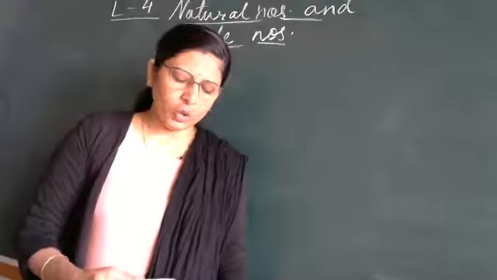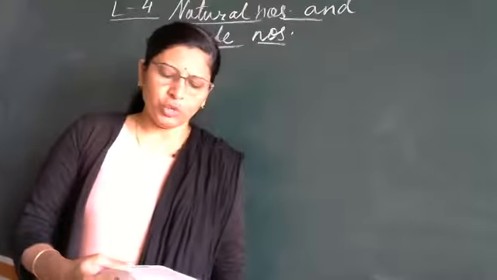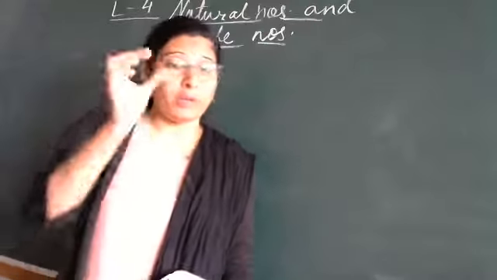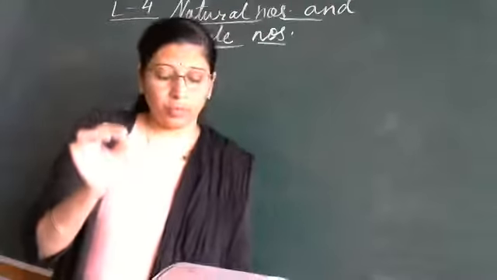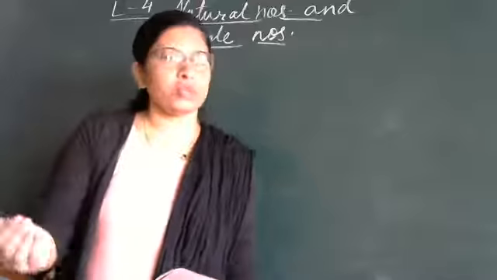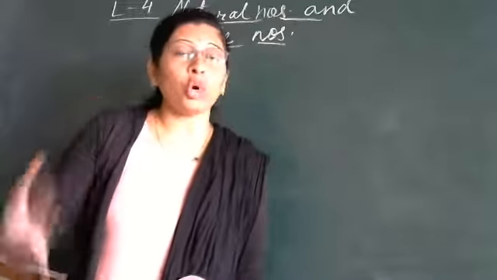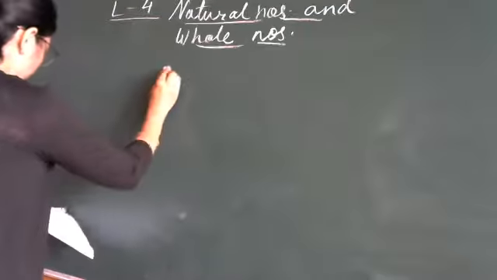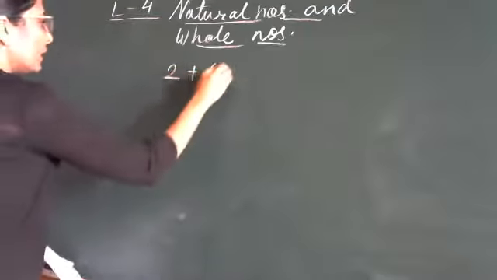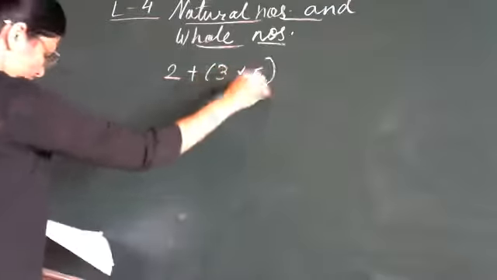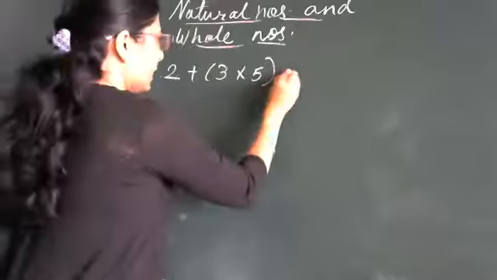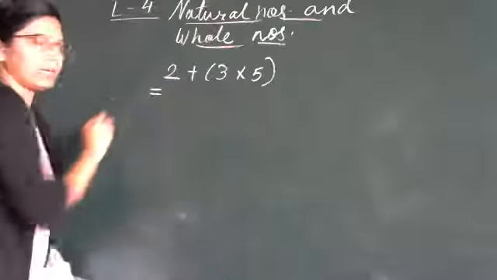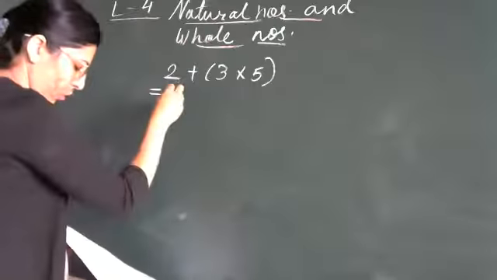Now, multiplication over addition is possible, but is addition over multiplication possible or not? This we will see. For example, 2 plus 3 into 5. We will see whether we get the same correct answer or not.